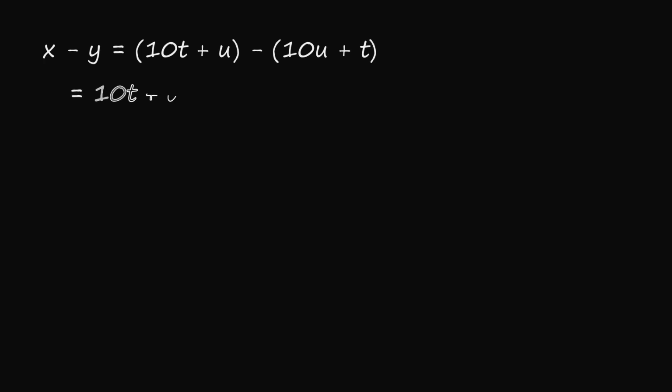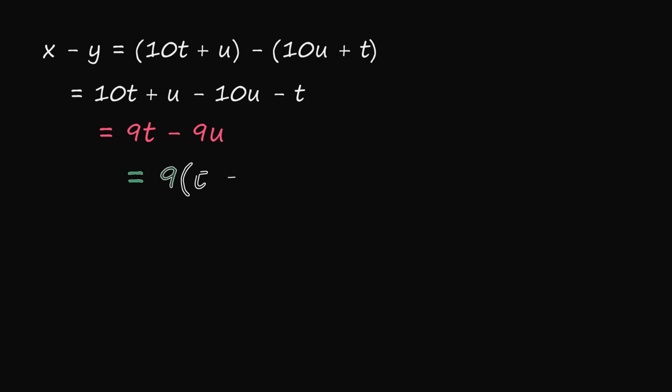So I subtract 10t plus u minus the quantity 10u plus t. So distribute that negative: 10t plus u minus 10u minus t. Combine like terms, 10t minus t is 9t, and u minus 10u is negative 9u. So I'm ultimately left with 9t minus 9u.